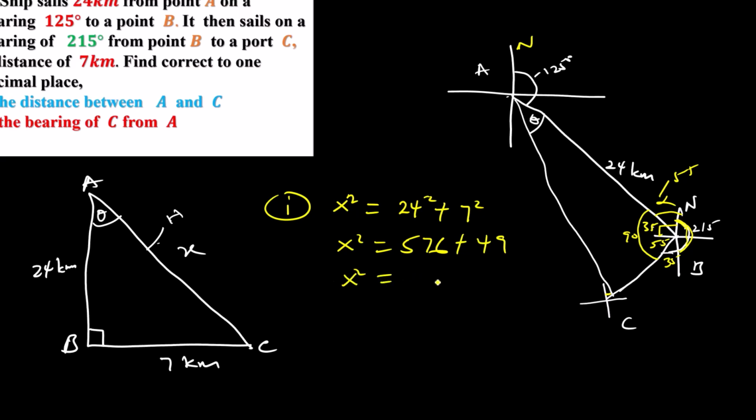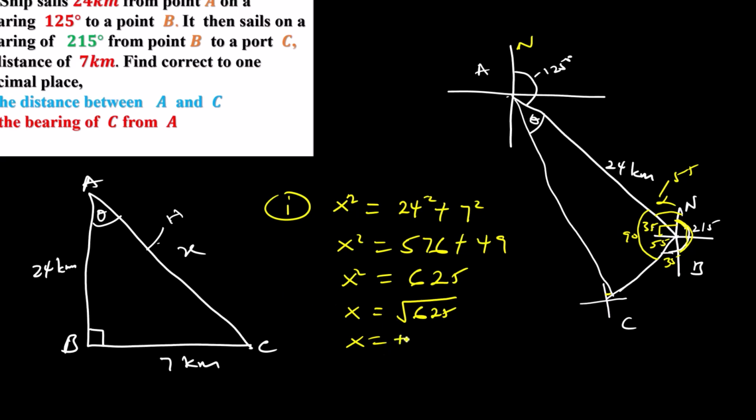So we have 625. So how do we find x here? x is the same as the square root of 625. When you take the square root of 625, you get 25.